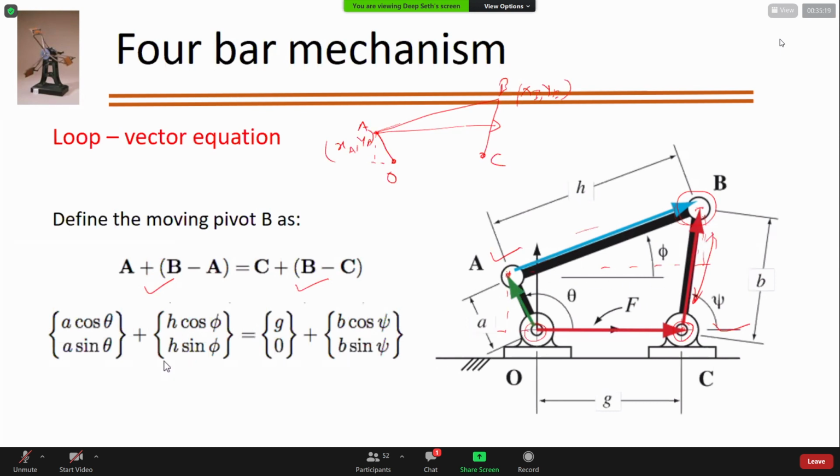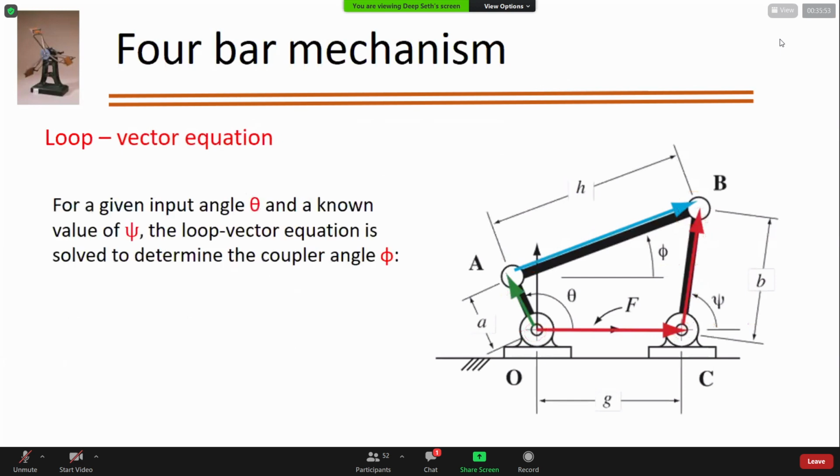So H cos phi in X and H sin phi in Y. C we can write as G comma 0, because it's on the X axis; your frame is here, so X is G and Y is 0. And plus B minus C is equal to B cos psi and B sin psi. So these are your coordinates in X and Y in vector form. Like that we can write it.